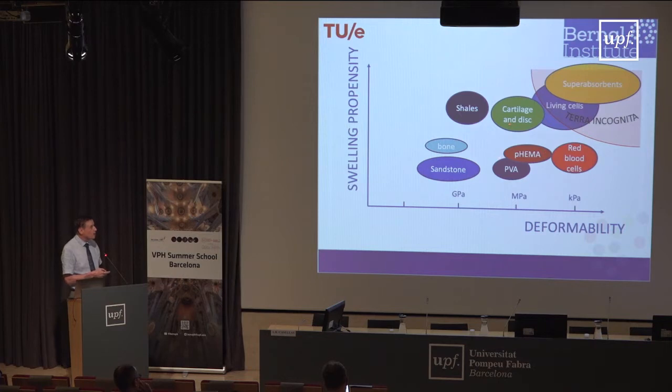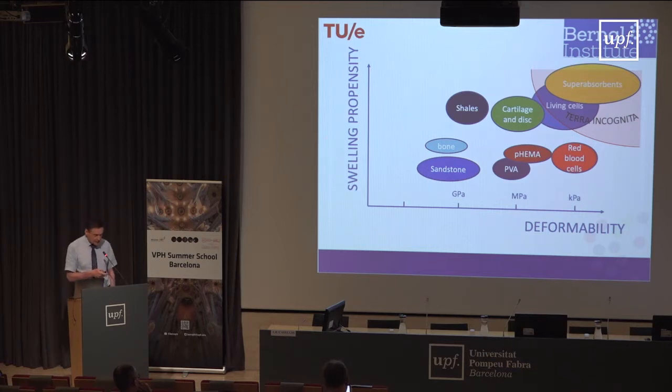HEMA may be a little bit more, and you may have ionized gels, which are much more up in the corner there, but cartilage and disc are somewhat swelling and in the order of megapascal stiffness. But if you talk about intracellular space, you're up to kilopascal stiffness and very high swelling propensity.